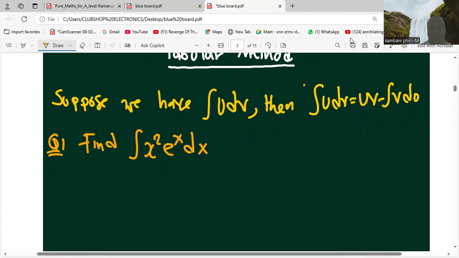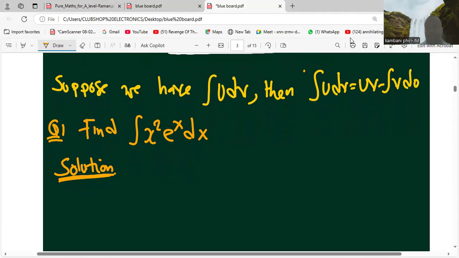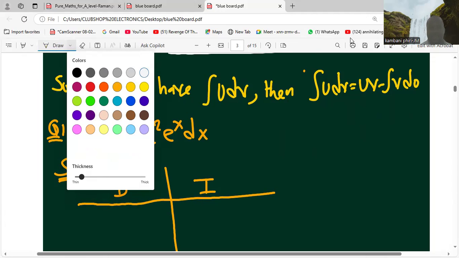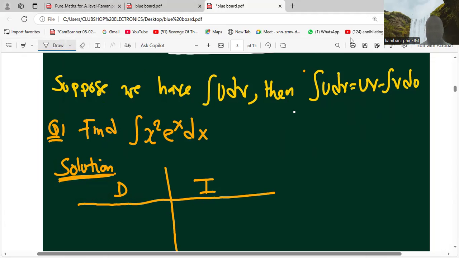So let's have our solution. What we are going to do is pick what we can differentiate and what we can integrate easily from these two. So you can see that we can easily differentiate x squared, then the rest will be integrated.